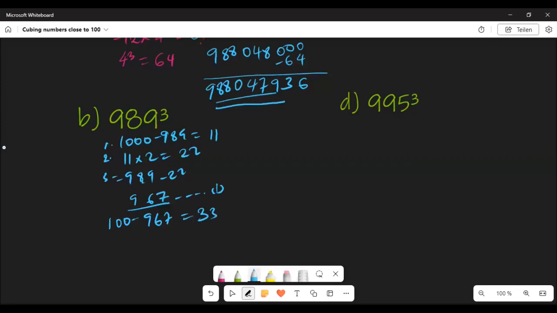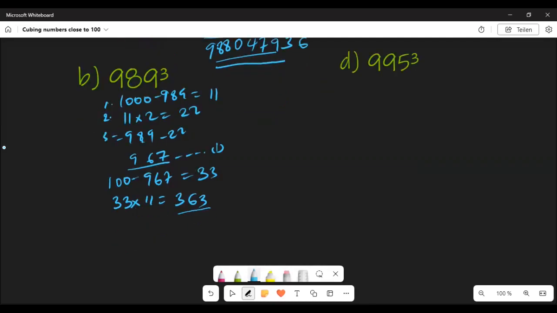And that 33, we want to multiply by the first difference that we had here, which was 11. You know how to multiply any number by 11. So here we have 3, 6, 3. It's going to be part of the second answer.